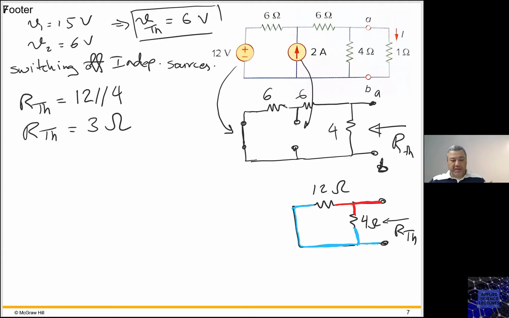So now what is the equivalent circuit? The equivalent circuit to this circuit is as simple as a voltage source in series with the resistance.